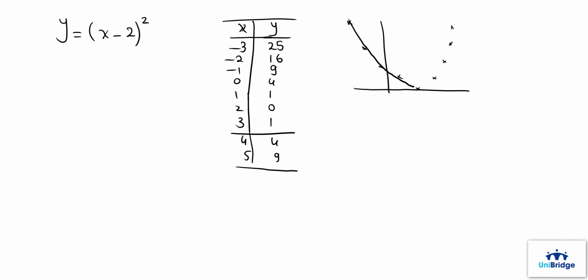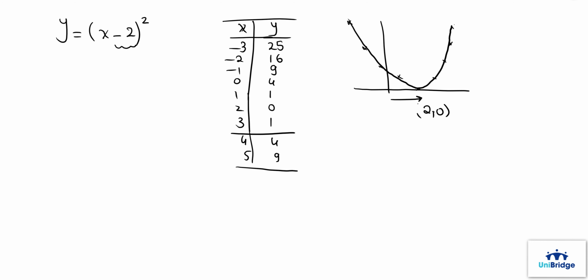So in this example, it did not move up and down. It actually went to the right by 2 units. So this is very important. When you put a negative inside with the bracket, -2, the function moves to the right.